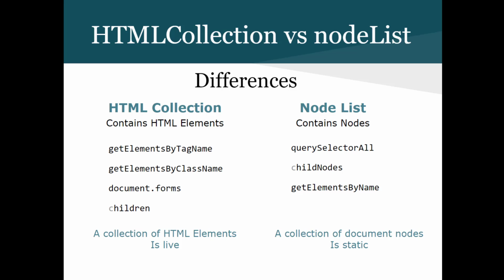If you added a new element that would be part of that grouping, it doesn't show up. Child nodes, so getting something by its child node, getElementsByName also is a nodeList. And as I mentioned just a minute ago, a collection of document nodes is static, so if we added one to the live DOM, we wouldn't be able to detect that with a nodeList.